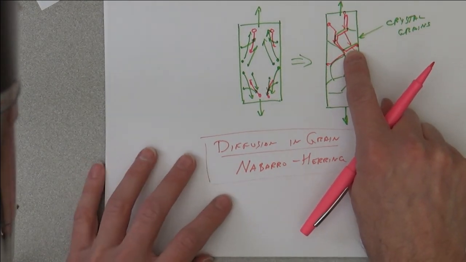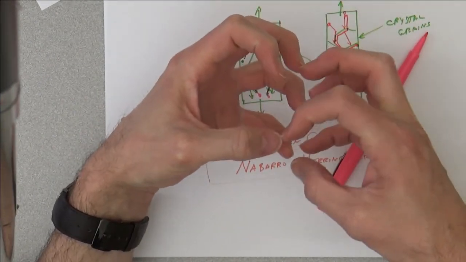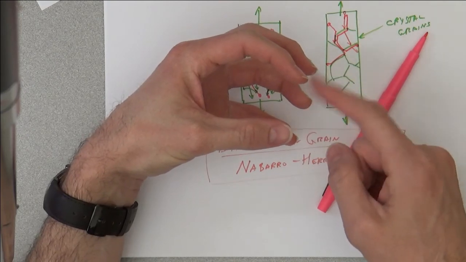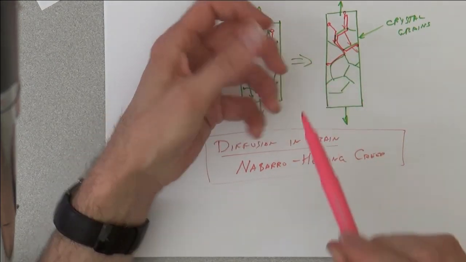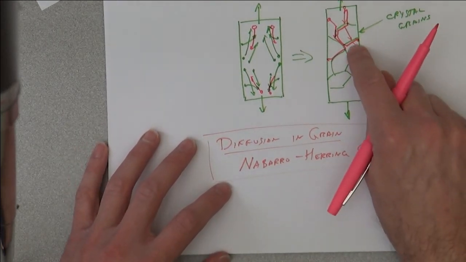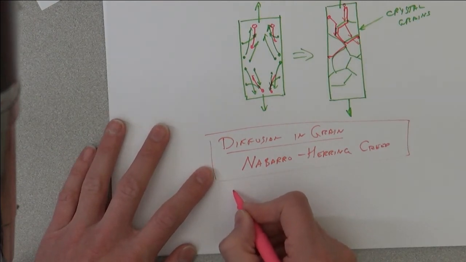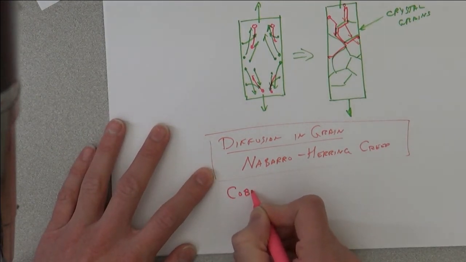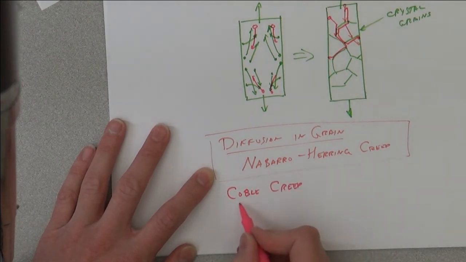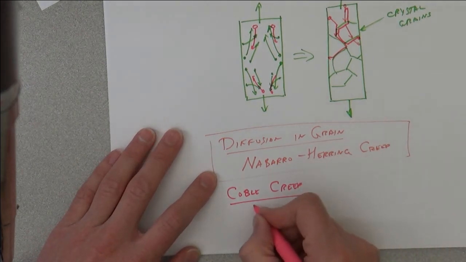You can imagine these grain boundaries, they're just a bunch of broken bonds that are kind of dangling there. That leaves a relatively wide gap and plenty of room for atoms to diffuse and vacancies to move as well. So that's actually a much easier pathway. And we call this Coble creep. Coble creep is a grain boundary diffusion.